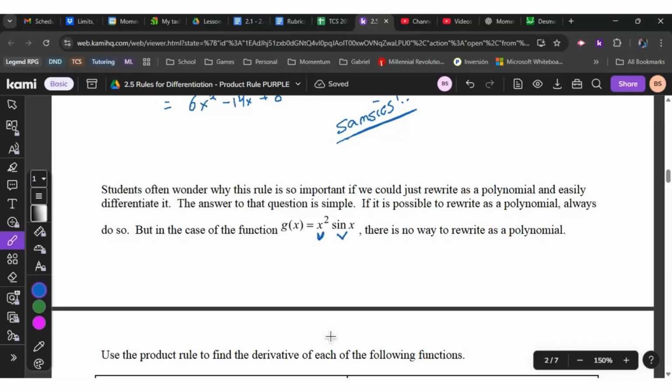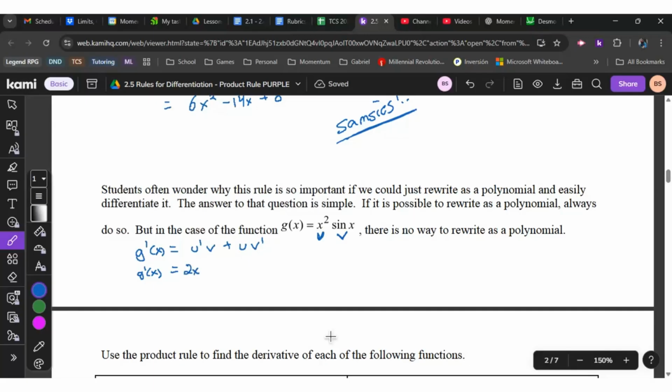So U is x squared, V is sine x. If we're taking the derivative of it, we know that it's U prime V plus U V prime. Let's go ahead and work that out now. So U prime, what's the derivative of x squared? You just did it. And you did it right. 2x, right?